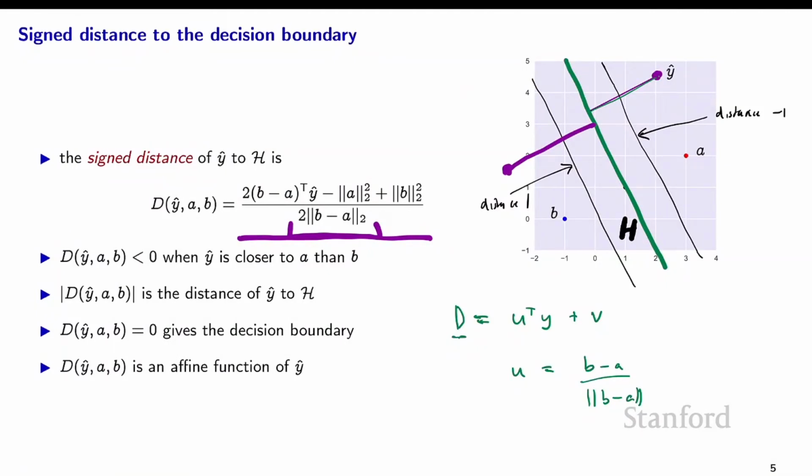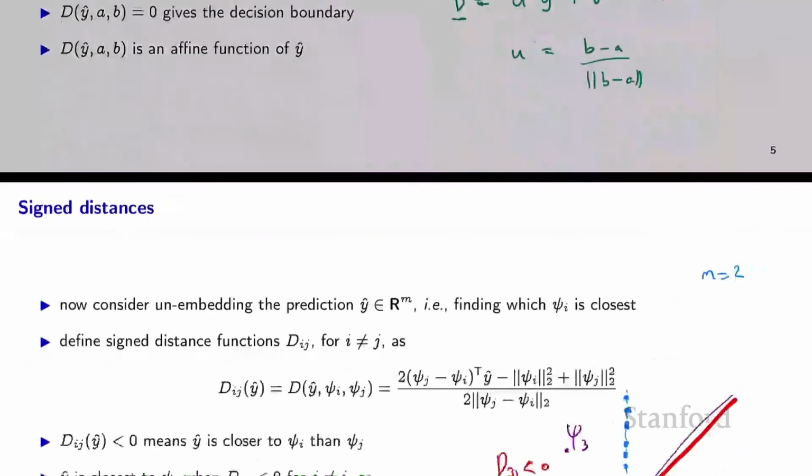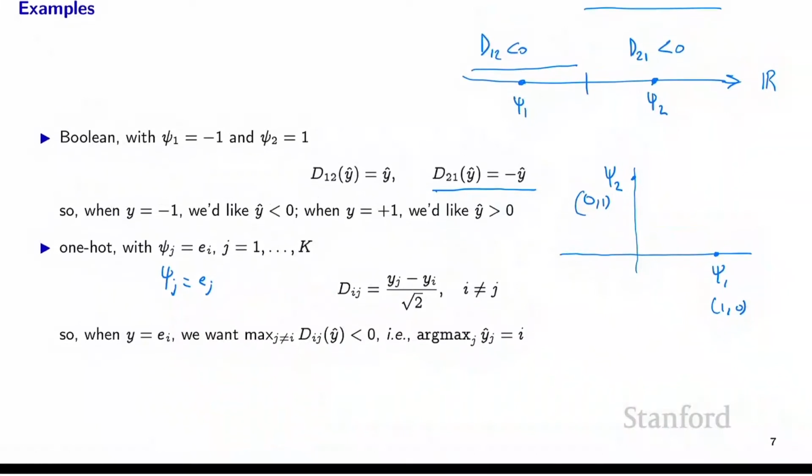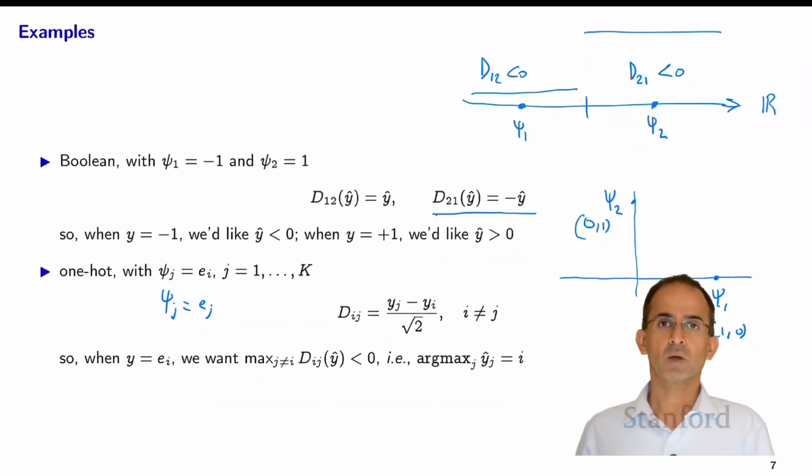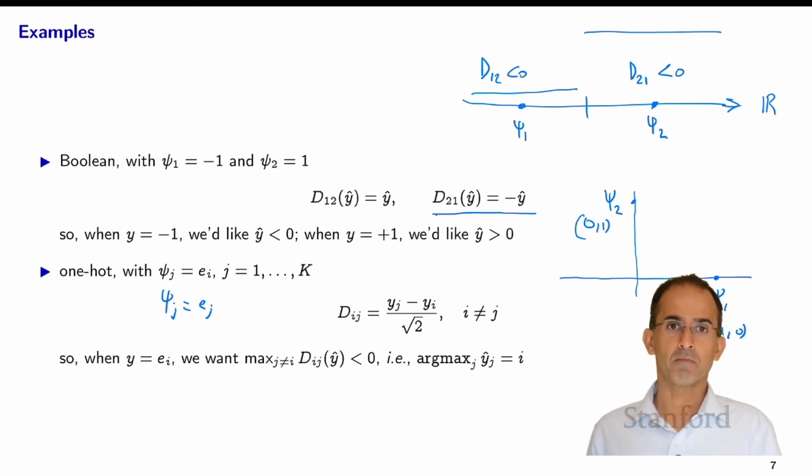2b minus a transposed y hat divided by 2 the norm of b minus a. Obviously the 2's cancel, and b minus a transposed times y hat gives us y hat I minus y hat j, or y hat j minus y hat I, depending on the sign. So when y is ei, we want the max over all j not equal to I of dij to be less than 0.